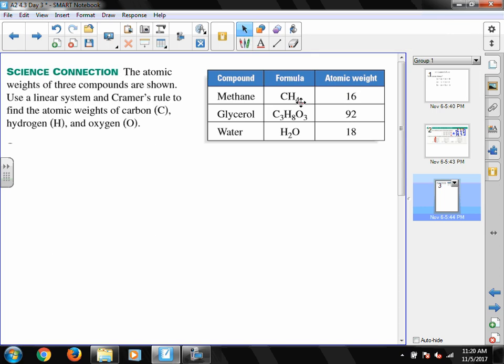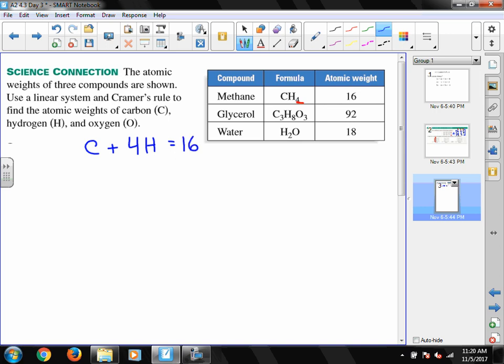Remember when we've got that 4 down there, that means I have 4 hydrogen atoms in this compound, that methane compound. So, I know that I have 1 carbon, I have 4 hydrogens, and together, I know that the atomic weight of that has to be 16.